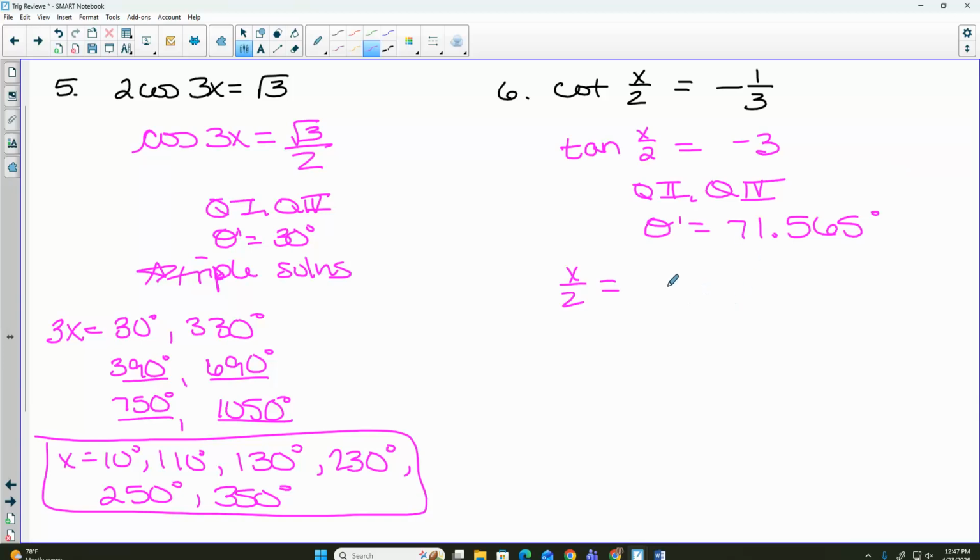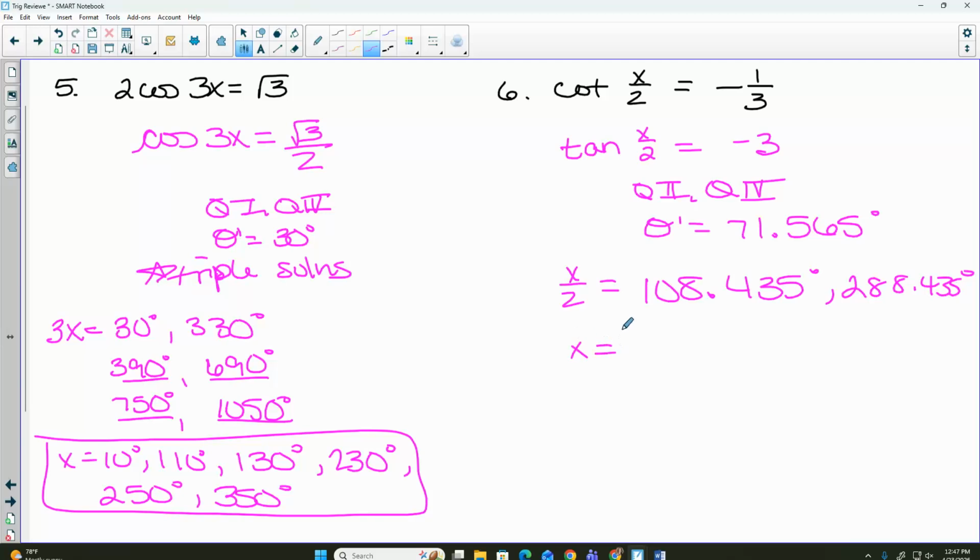Okay, so x over 2 equals, in quadrant 2, how do I put that in quadrant 2? Subtract from 180, so that would be 108.435. In quadrant 4, we subtract from 360. So we get 288.435.